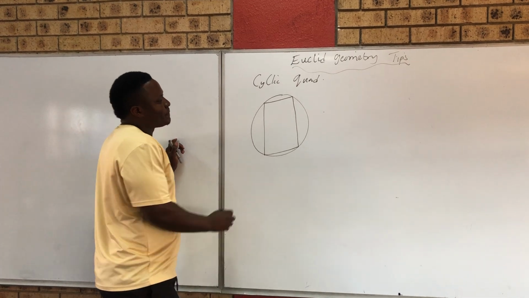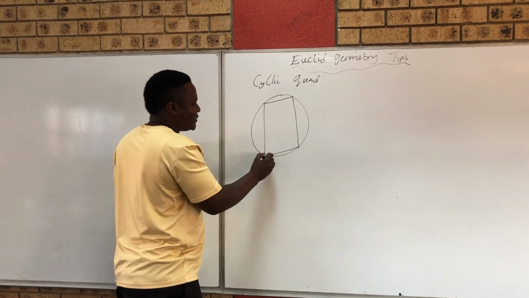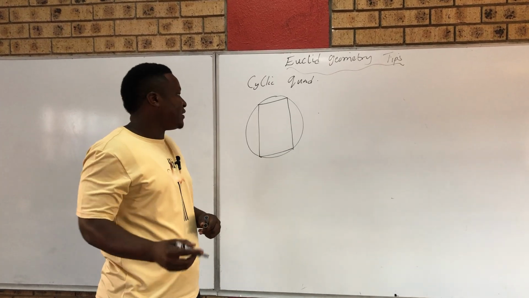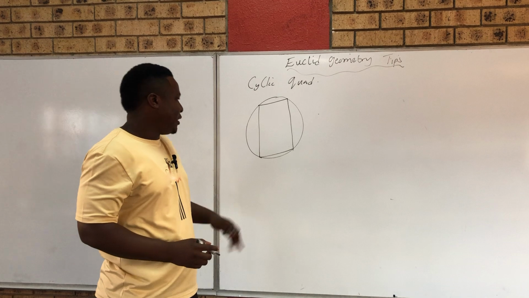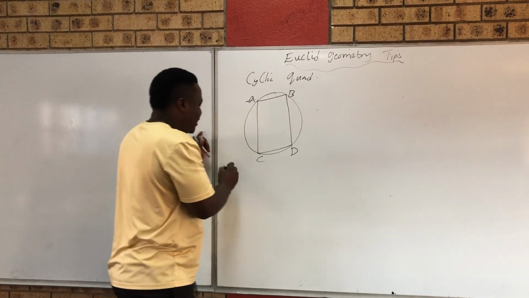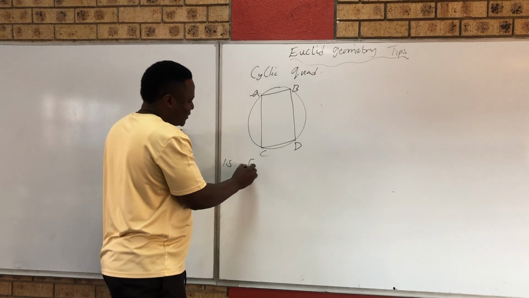As long as you find them on the vertices, you can simply prove and say this is concyclic. You can say therefore A, B, C, D is a cyclic quad.